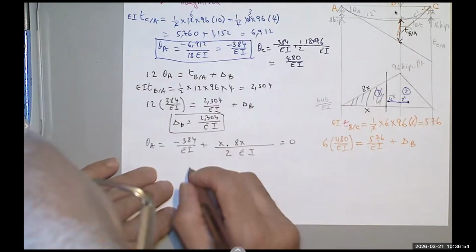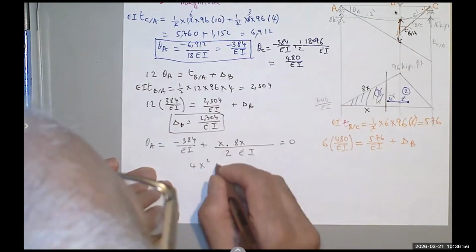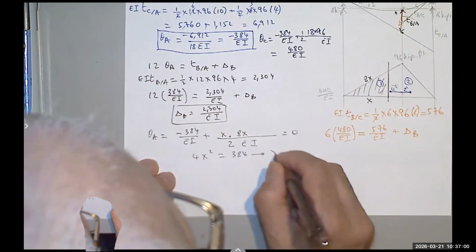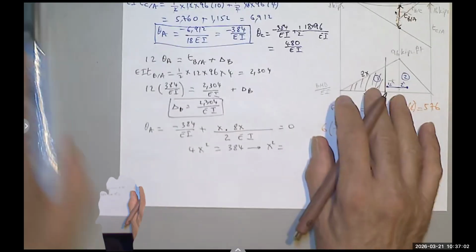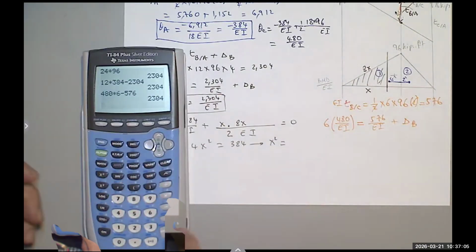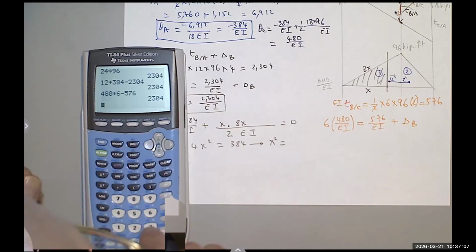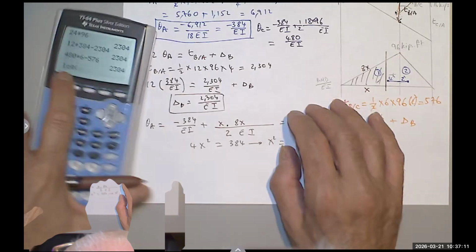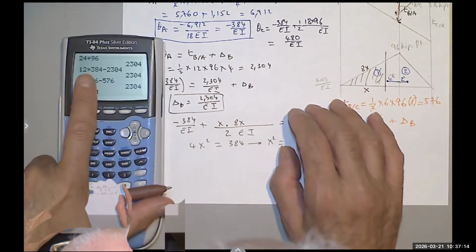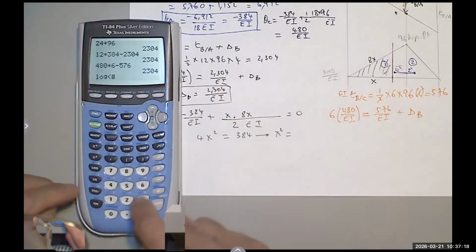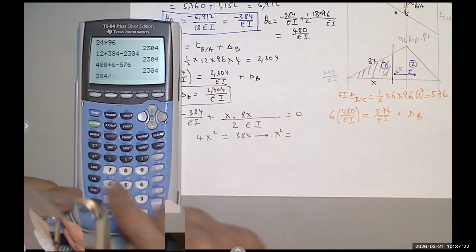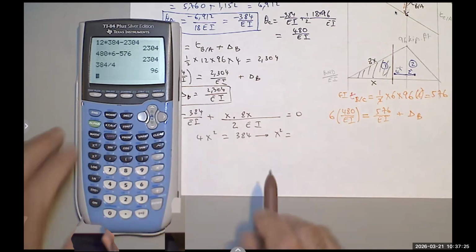So I get 4x squared equals 384, which means x squared equals 384 divided by 4, which is 96.